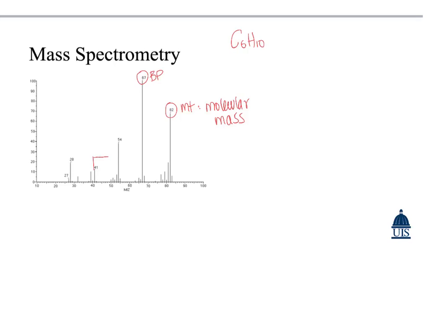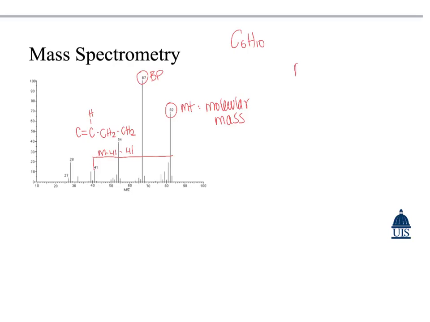So the first one is the difference between 82 and 41, giving us 41. This indicates the presence of a double bond between carbon and carbon and a hydrogen attached to it, following with two CH2s. But why is this?